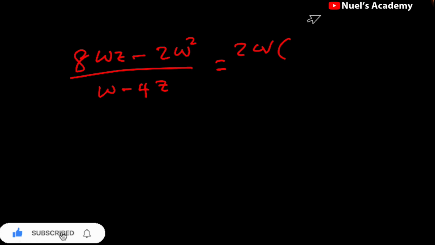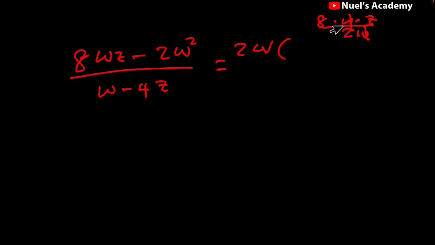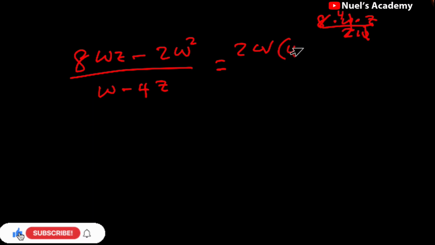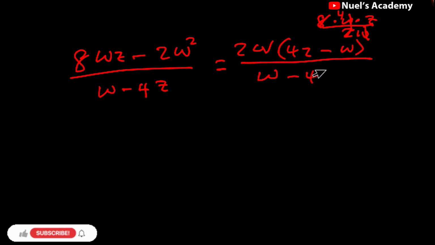So we have 8 times w times z divided by 2w. This and this will cancel. 8 divided by 2 is equal to 4. So we're left with 4z, then minus 2w squared divided by 2w is simply equal to w, then over w minus 4z. Nothing is common here.